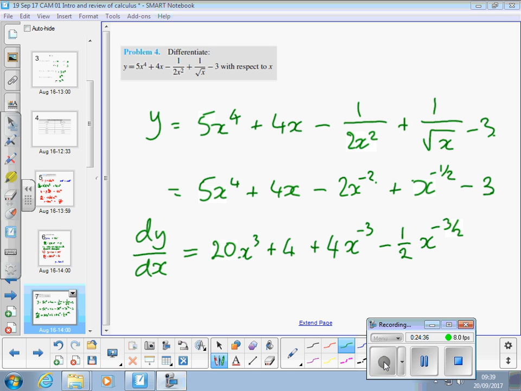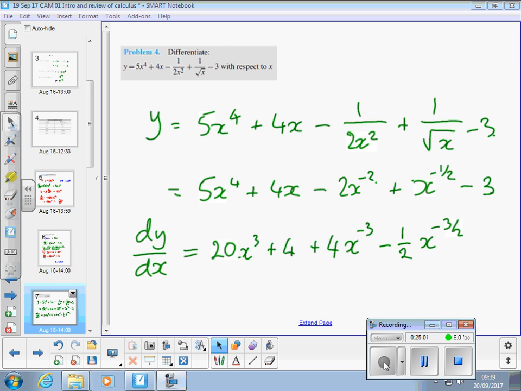And that would be a more than adequate answer for an examination question. You don't need to put the fractional values back to get the full marks. All right? Happy with that, yeah?